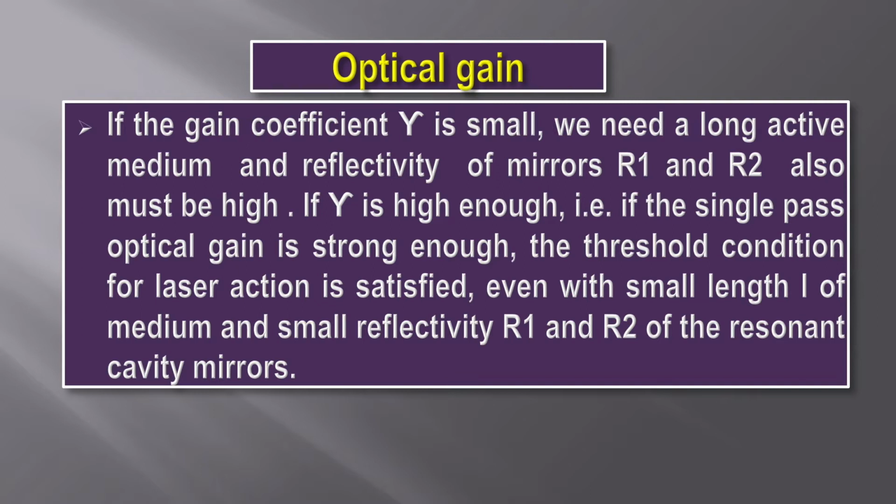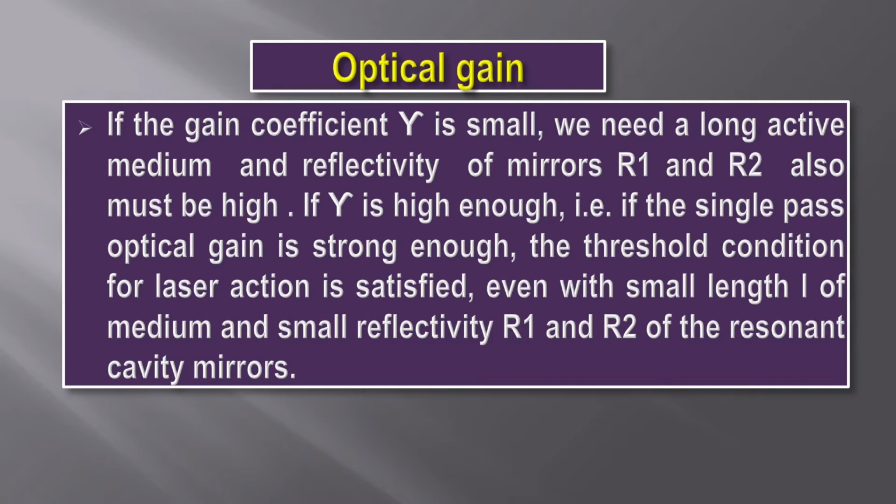Imagine if gamma is small, as in a typical helium neon laser or a CO2 laser. To make this condition satisfactory, L can be made long, and R1, R2 also very high. R1 should be 100%, or in terms of coefficient we say R1 is 1, R2 should be 0.9, that is 90%. Only then will this satisfy the condition.